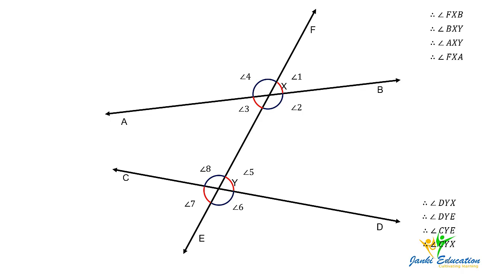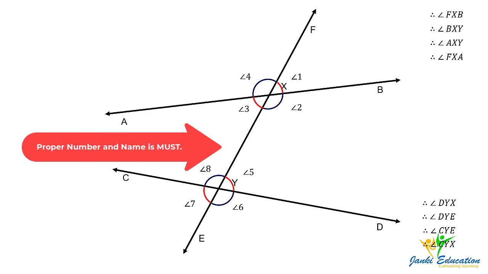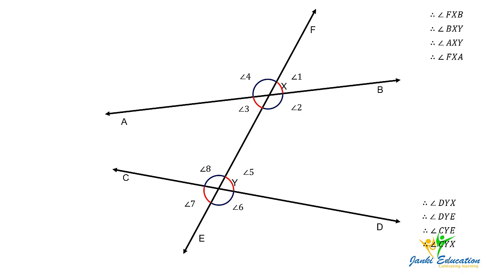You can start numbering from any of the angles. But remember, once you give this number and describe it, say here angle AXY is angle 3, afterwards you cannot change that.